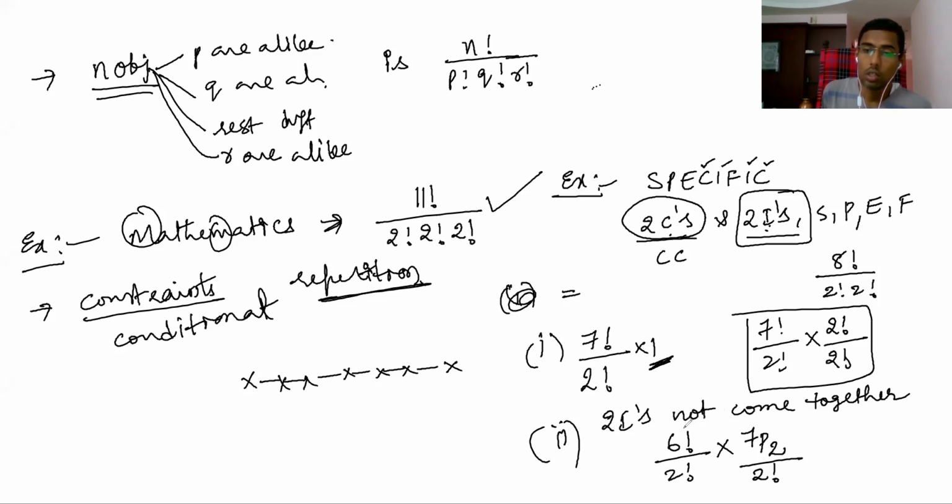That means they should be arranged between the remaining letters. The remaining 6 letters can be arranged in 6 factorial by 2 factorial, because the 2 C's are there. The 2 I's can be arranged in the 7 blanks in 7P2 ways, but since the 2 I's are identical, you have to divide by 2 factorial.